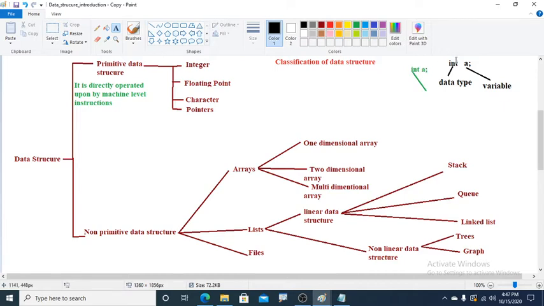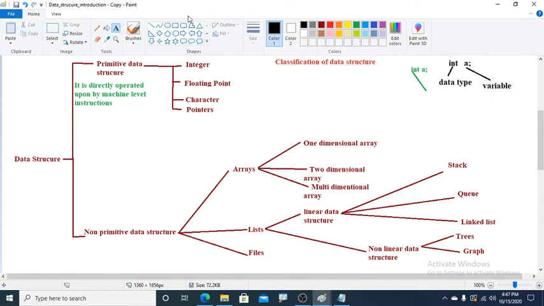This int is directly operated. We are not operating it; it is directly operated upon by the machine level instruction. Let me explain in detail. Suppose this is the statement. We call it a declaration statement.